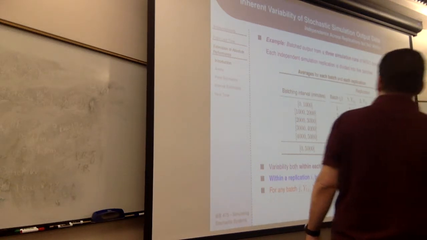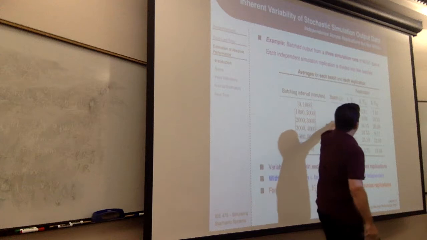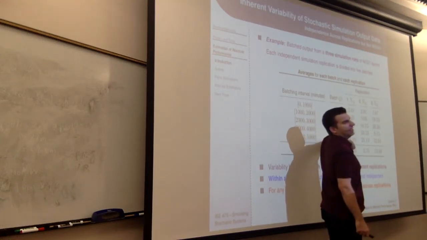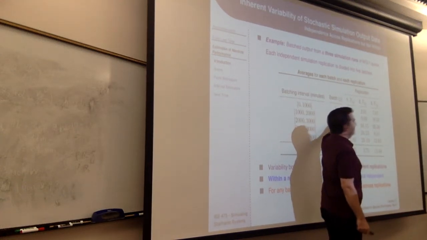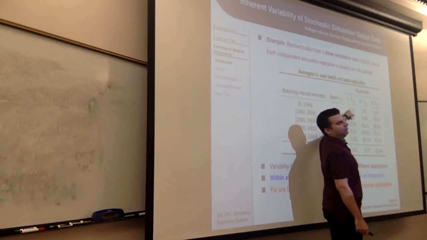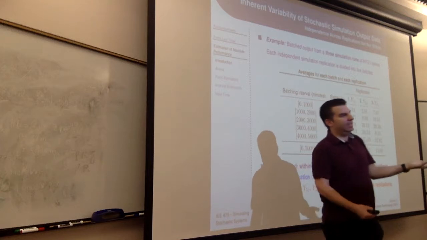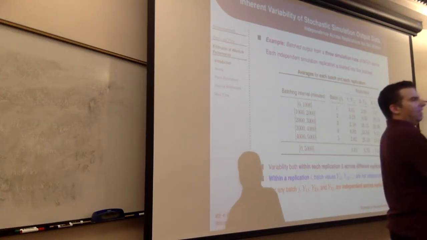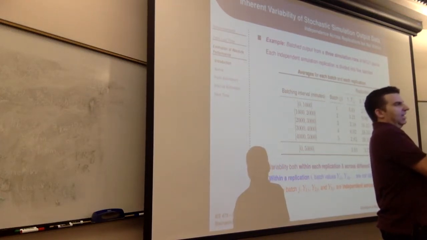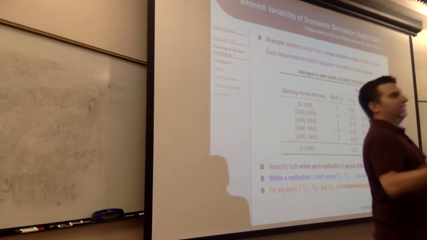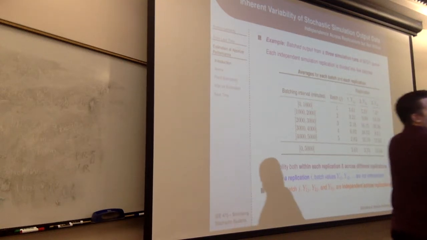But the problem will be that within a replication, these numbers are not independent. This could be the average inventory level in week 1, and this is the average inventory level in week 2. Well, you know that the inventory level in week 1 is going to have some determination of the inventory level in week 2, because week 2 starts with whatever week 1's inventory was.